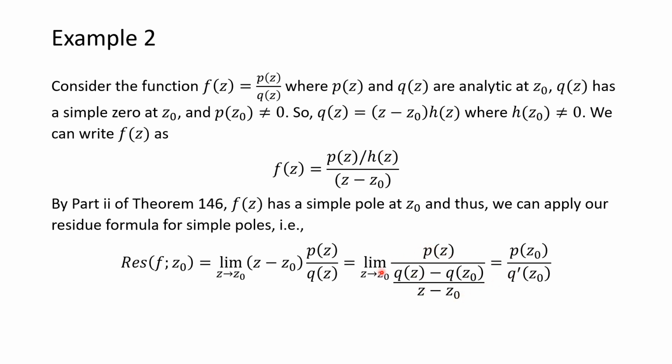And then we plug in z sub 0 into p of z, and we get this formula here. So we have a general formula for anything that is of this form and has the conditions we mentioned here. And we can use that in the next slide in a more specific example of a function taking this form. So keep this final result in mind as we go to the next slide.